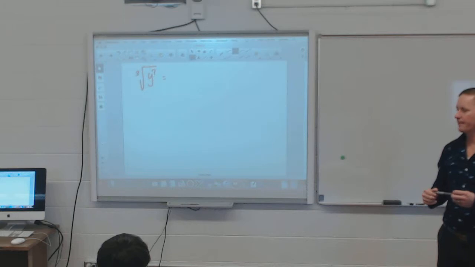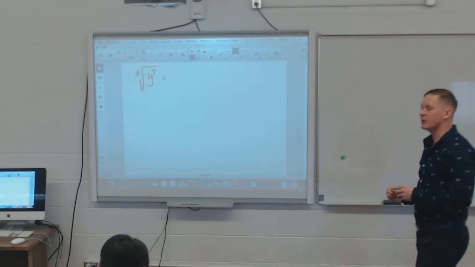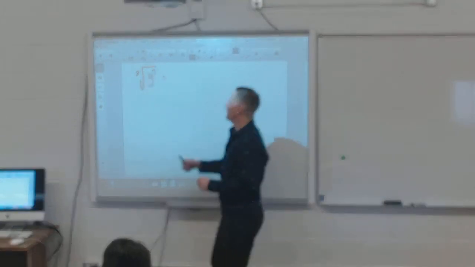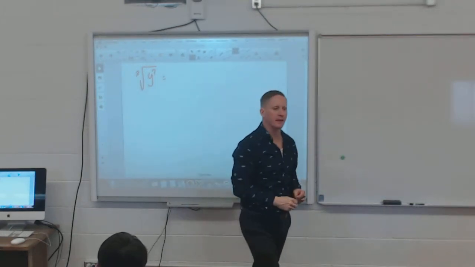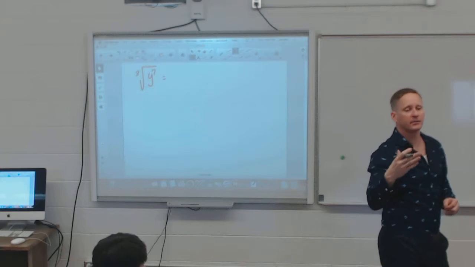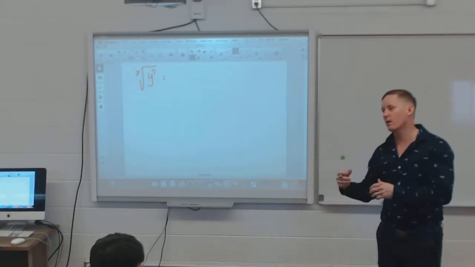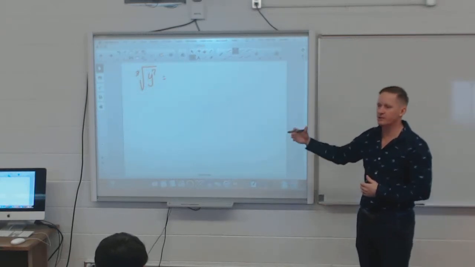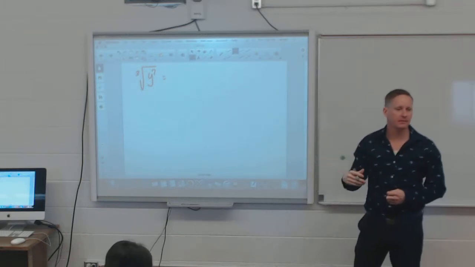Want 2. Is it right? It's 3, right? Because of the cube root. Okay, good. So what's the largest number that 3 goes into that's less than 7? 6.